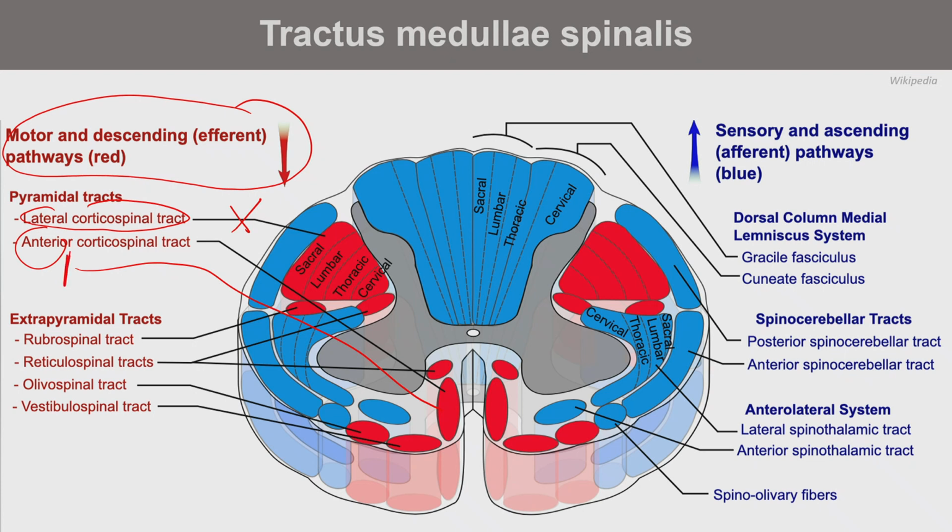The lateral has this organization, as I said: sacral, lumbar, thorax, and cervical spine. So in the lateral it is the leg, trunk, and here it is the arm.